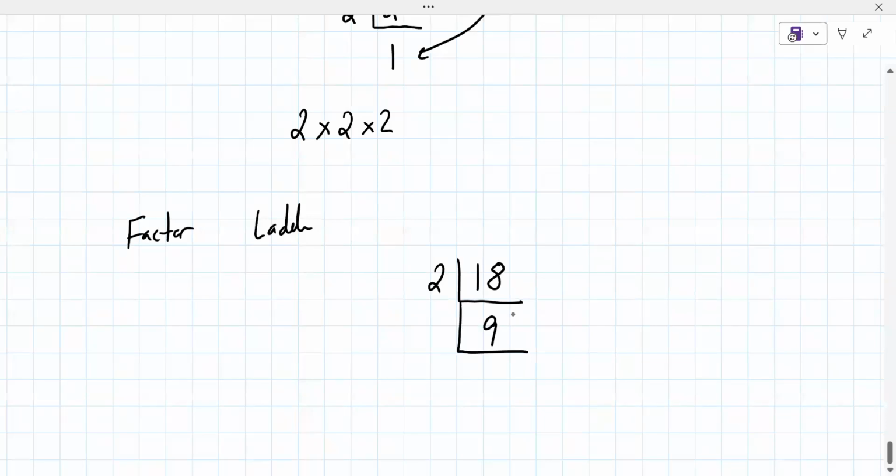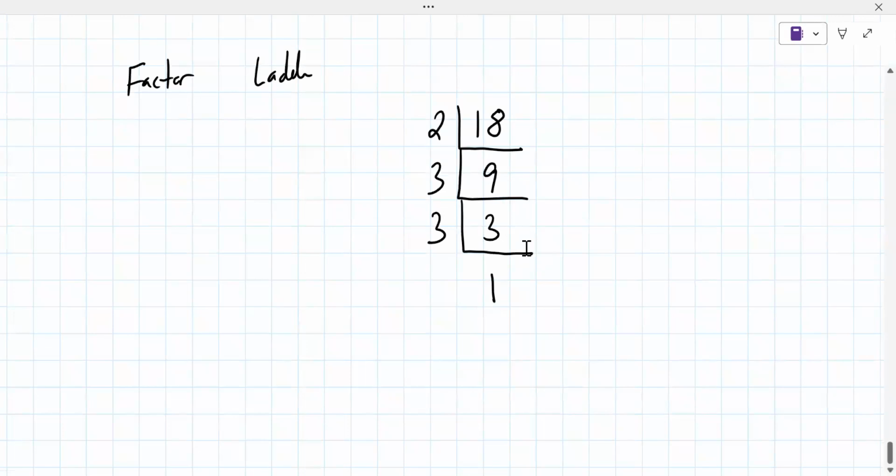No. So what's the next number you try? 3. Does 3 go into 9? Yes. 9 divided by 3 is 3. And then you put a 3 on the outside and you get a 1 here. Oh, this is cool. So this becomes 2 times 3 times 3.